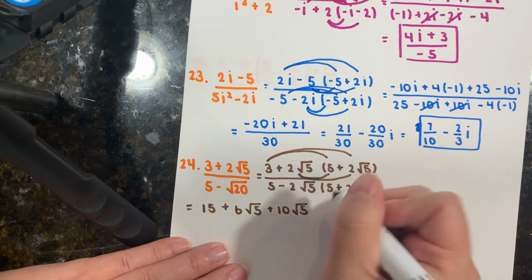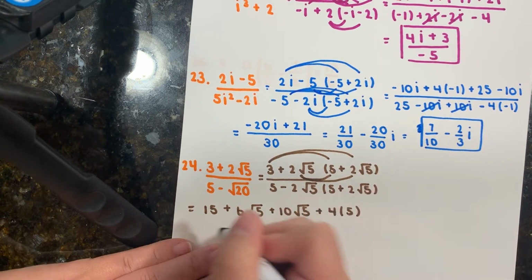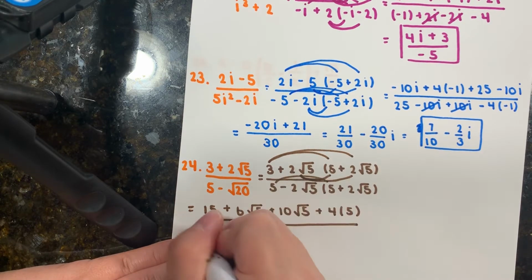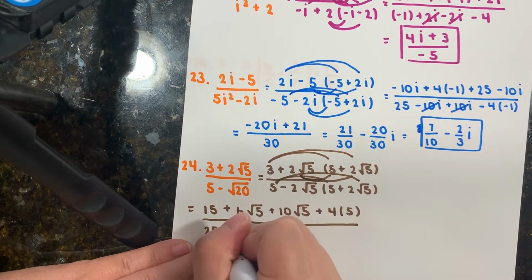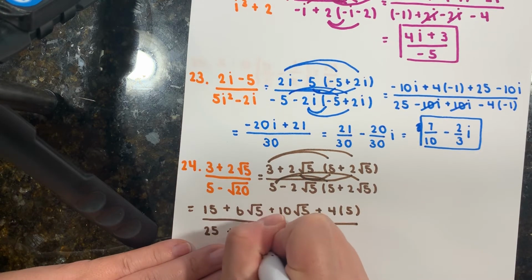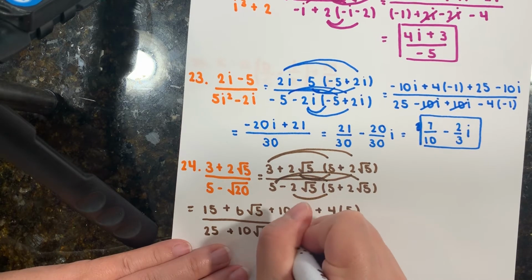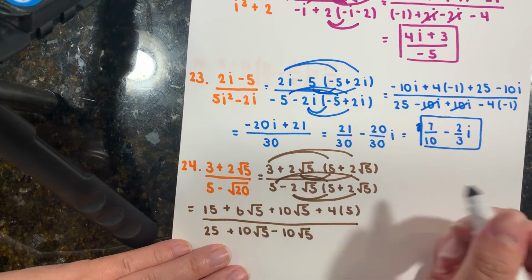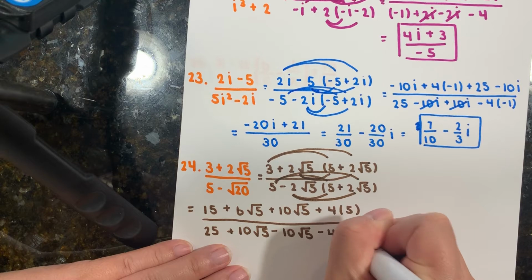2 root 5 times 5 would give us 10 root 5. 2 root 5 times 2 root 5 would be 4 times 5, over 5 times 5 is 25. 5 times 2 root 5 would be 10 root 5. Negative 2 root 5 times 5 would be negative 10 root 5. Negative 2 root 5 times positive 2 root 5 would be negative 4 times 5.